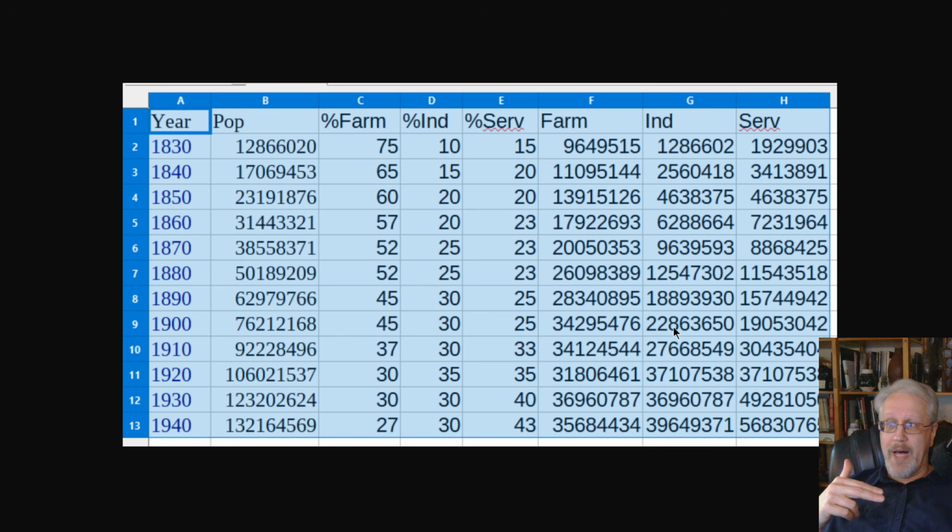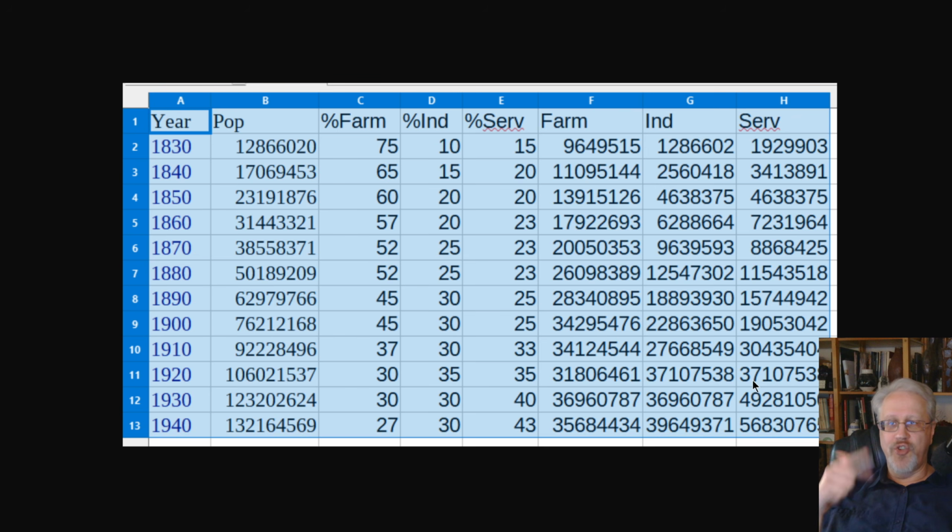The industrial population remains 30% of the population, but it goes from 22 to 27 million. So the percent stays the same, but the population grows, and the service population, that really takes off, 19 million to 30 million. And we see it's actually passing up the industrial population.